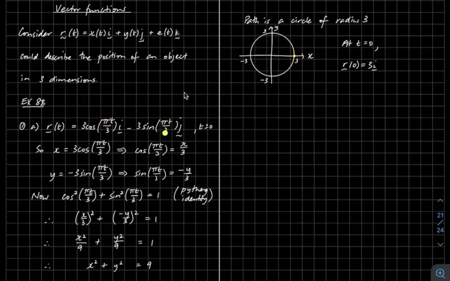As t becomes larger from 0, this is going to be heading towards 1, so sine is going to go from the value 0 towards the value 1. So negative 3 times that, it's going to be becoming negative, isn't it? So rather than y becoming positive and it heading this way, it becomes negative and it heads that way. So it's going to be traveling in that direction there.